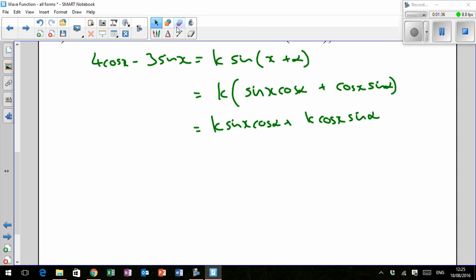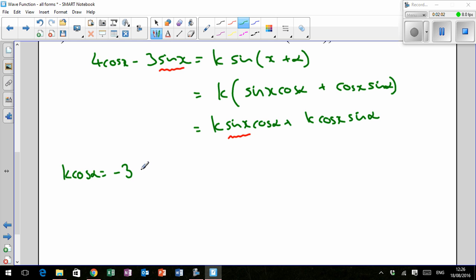Okay, so that's what we're dealing with, and this is where we need to be very careful. It's a bit more confusing because sine is with cos and cos is with sine here. But sin x is there and sin x is there. So that means that with this sin x is k cos alpha, and with this sin x is -3.